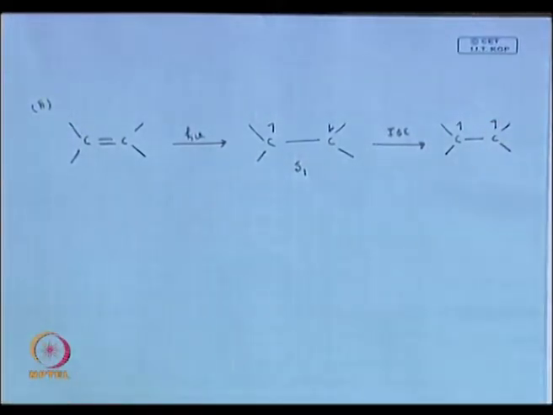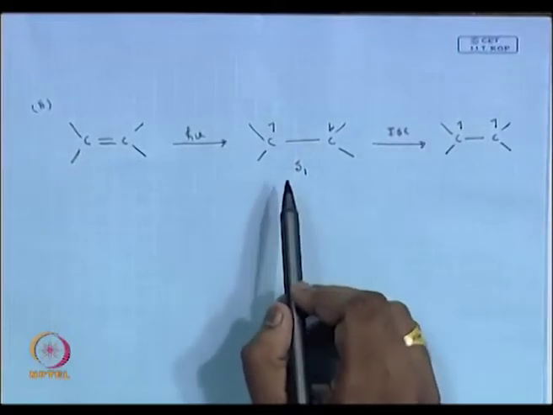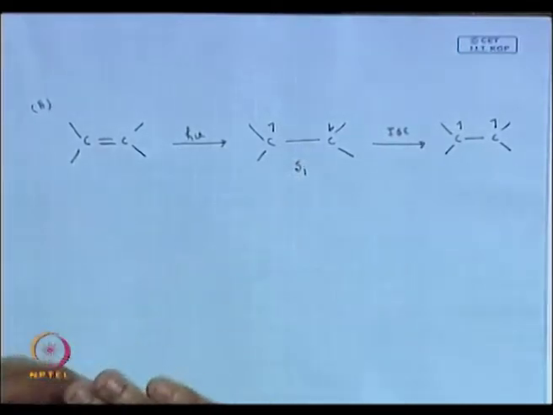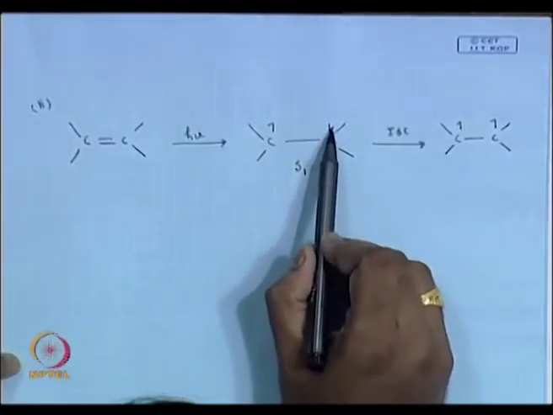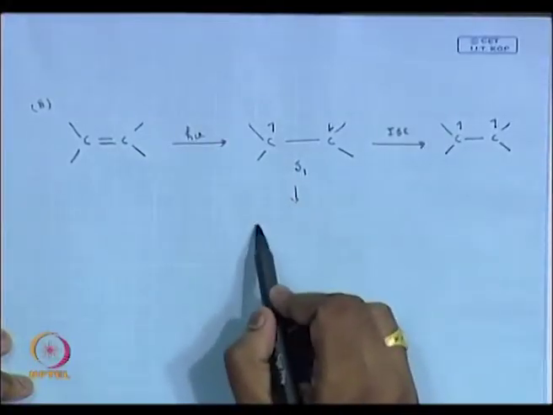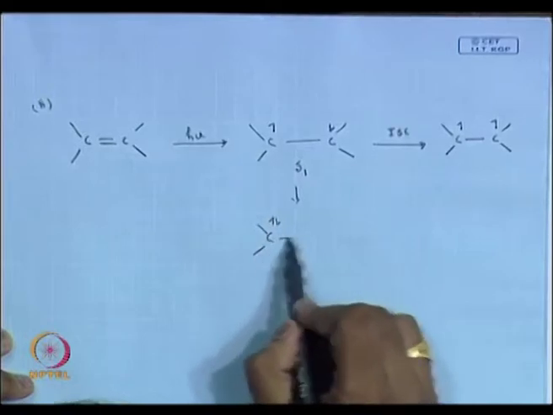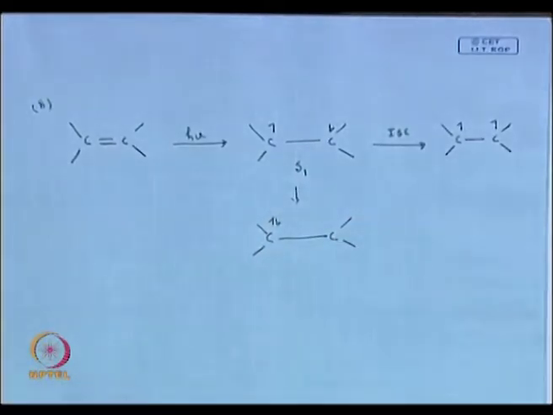Now, I said that when it is planar, it undergoes a twist, it undergoes relaxation. Because of this, these two electrons which are away from each other come to the same orbital. Because of that twist, the whole of the electron density will flow to one carbon, and one end will become more negative and another end more positive.